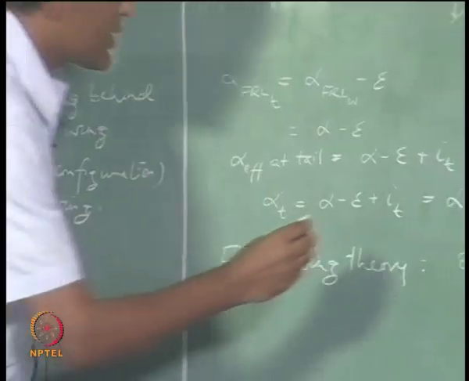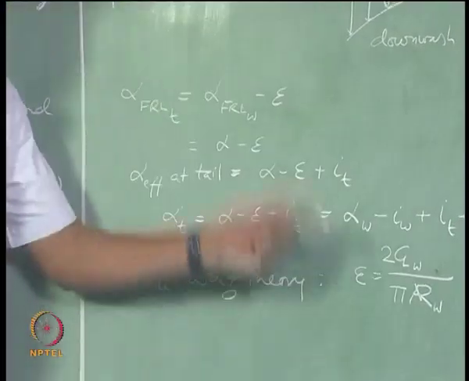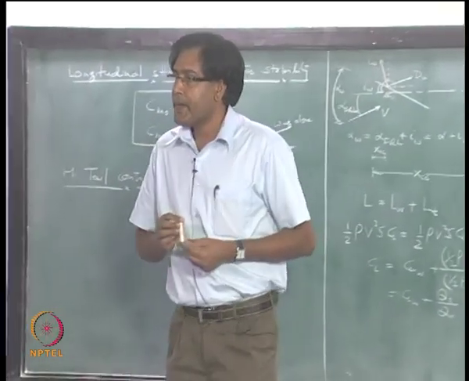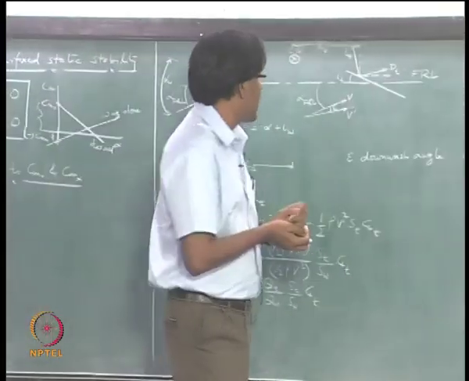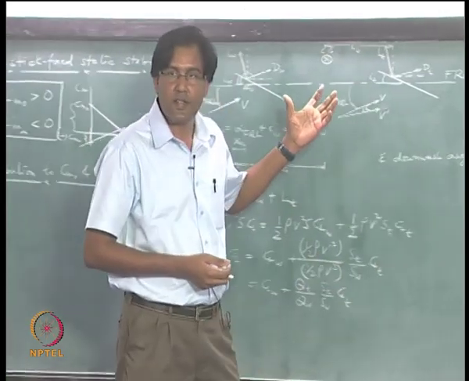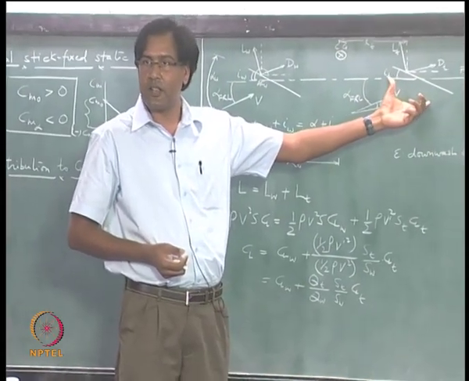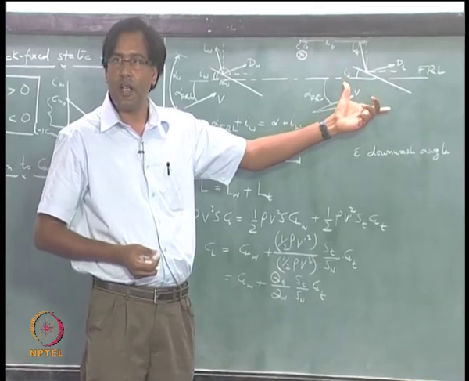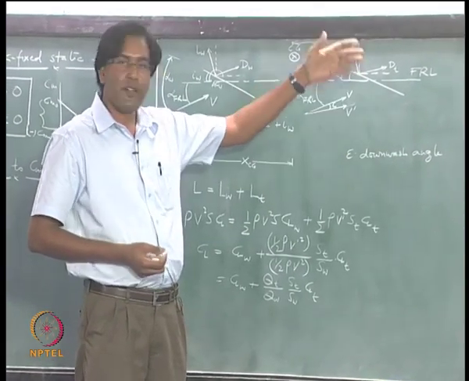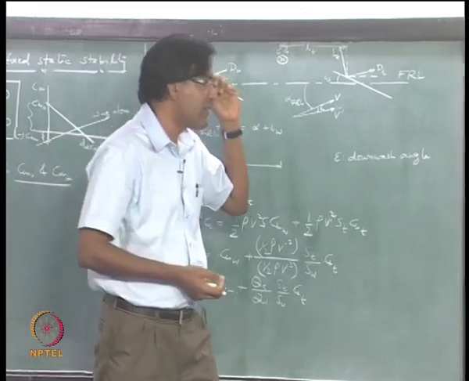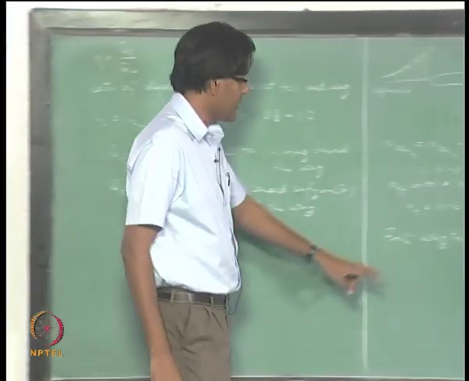Okay. This is 2 into CLW over. Yeah, it depends on a lot of factors, like where this tail is located behind the wing, and how much above, how much below, how close, all that is going to affect this angle.